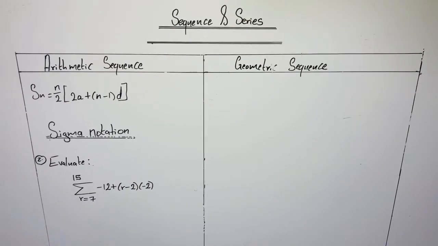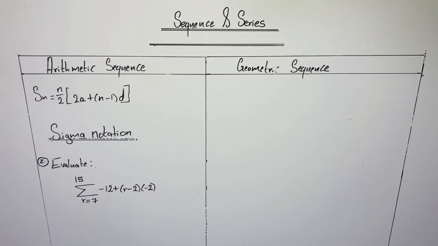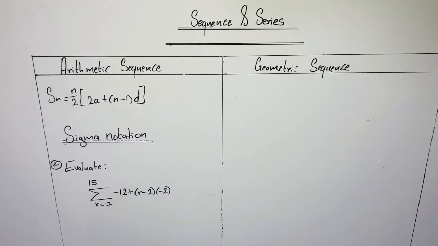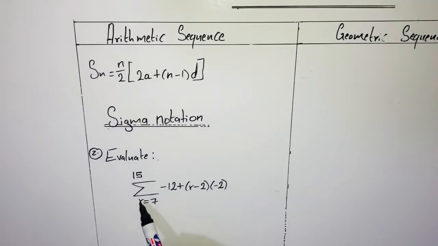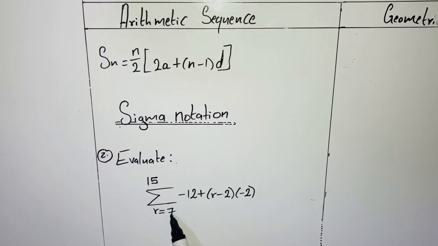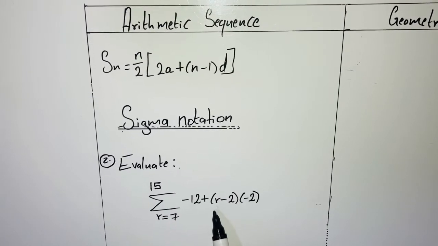So as I said, you first have to find the first 3 terms. That's the first thing you do. Where there is r, start substituting a 7.